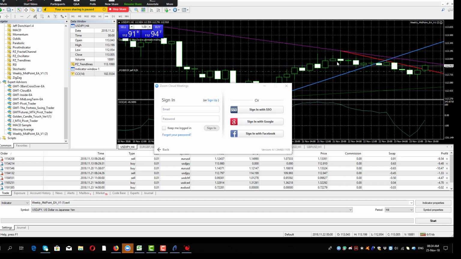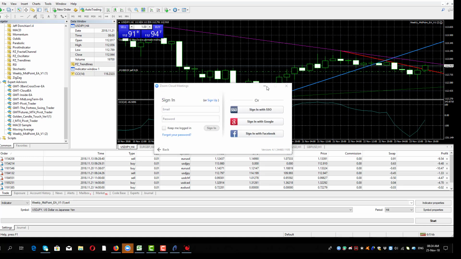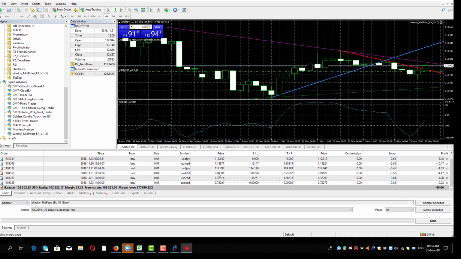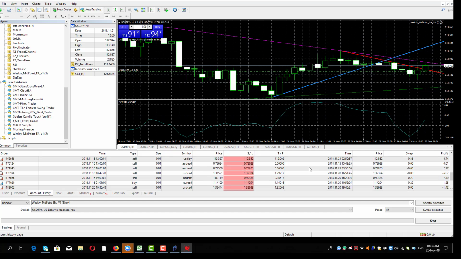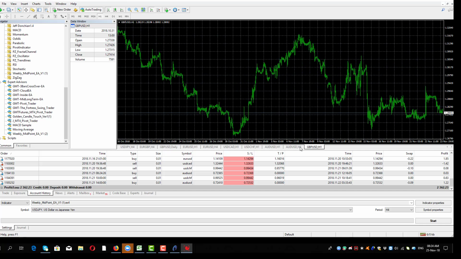So we'll just move that over, get rid of that for a second. You can see there, that's the current trades. This is some of the stuff that we've been running on MT4, but it's not on there, okay.